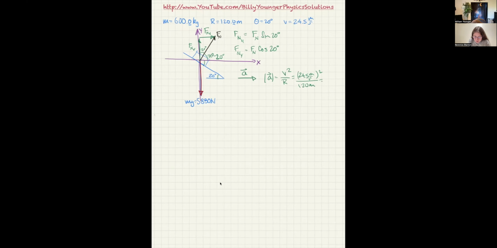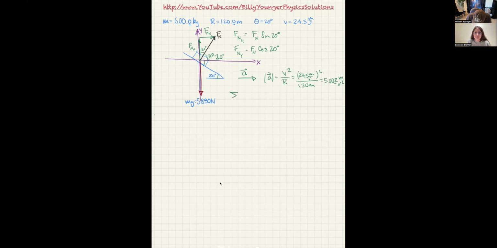And that gives me 5.002 meters per second every second. So that's obviously at least one extra sig fig. Now, if we find that this normal force is sufficient to supply that, then we don't even need a static coefficient of friction, but we should check what it is.